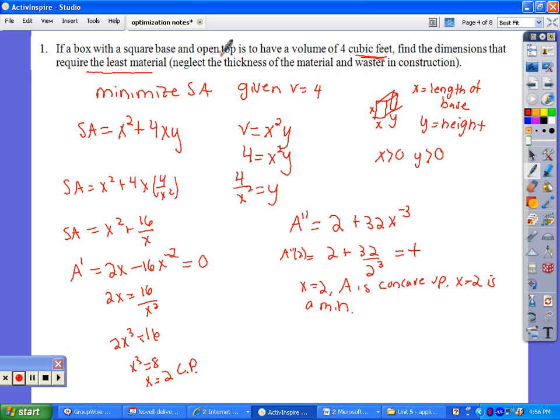So we made sure that it's a minimum, and then the last step is to answer the question. So we need the dimensions, so I need to find the y value. So I'm going to plug in 2 for x in the y equation, and I get 1.